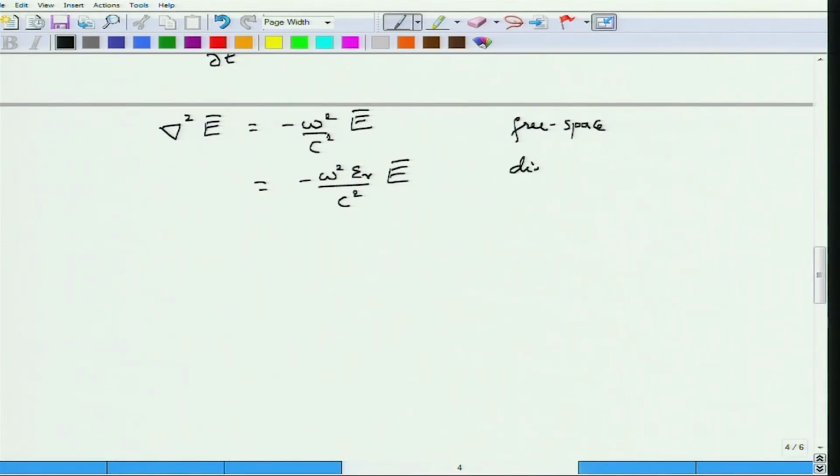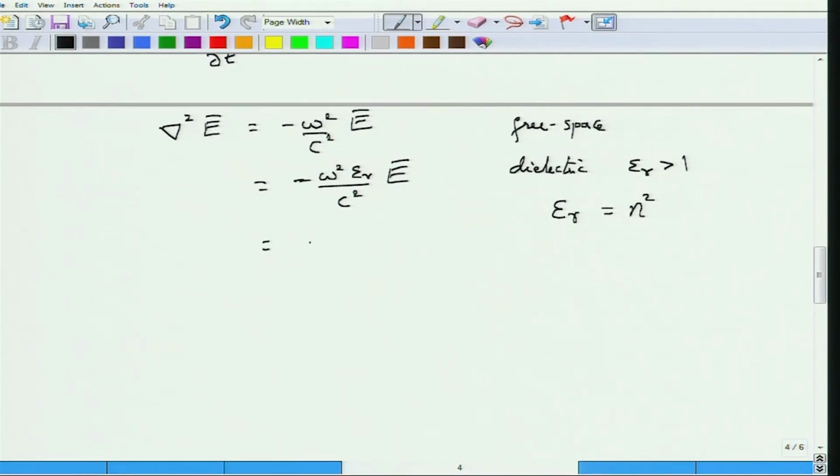This is for a dielectric with epsilon r greater than 1. And you would probably not realize this now, we will discuss this sometime later. In optics, it turns out that this relative dielectric constant epsilon r is actually related to the refractive index, where n is the refractive index, n square.